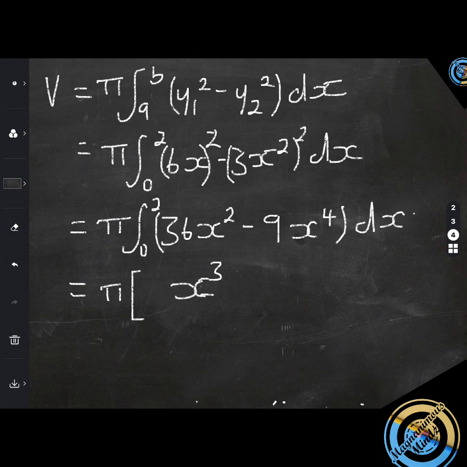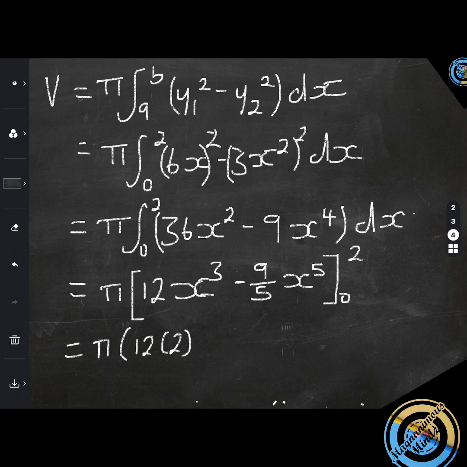x cubed, then we've got 36 divided by 3. 36 divided by 3 is 12 here, minus 9 over 5 x to the power 5. 12 times 2 cubed minus 9 over 5 times 2 to the power 5, minus, we know that if we plug in 0 we're going to get 0.